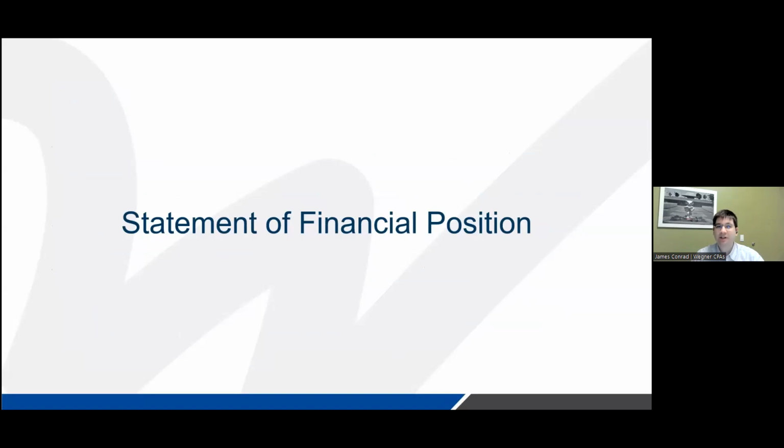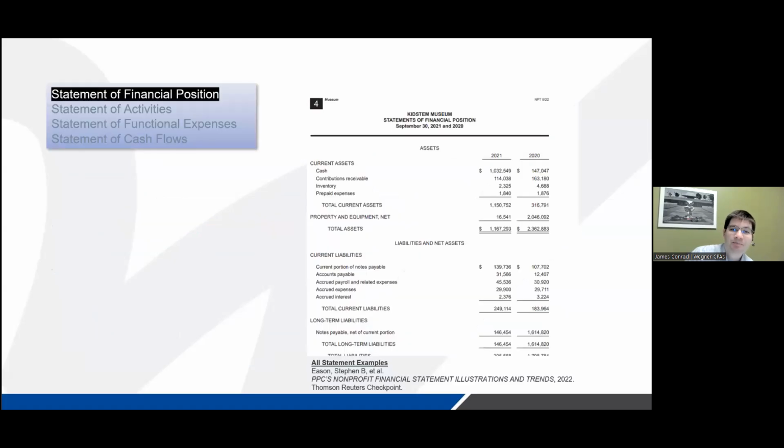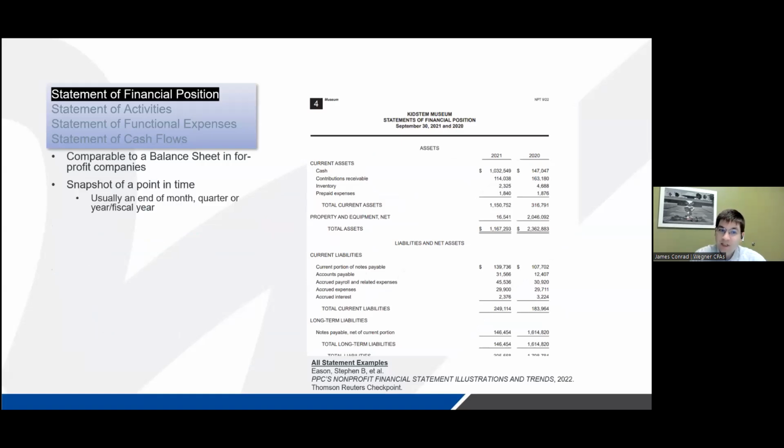All right, we're going to start off here with the statement of financial position. The statement of financial position, in my opinion, gives the most information of all the statements, but you could certainly get a lot of information from the remainder of the statements. As I mentioned before, the statement of financial position is comparable to the balance sheet for for-profit companies. What's really important to remember is that it is a snapshot of a point in time.